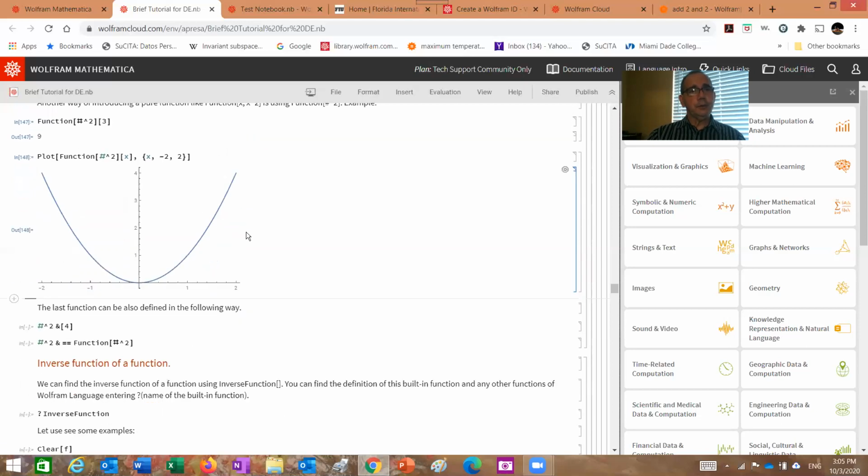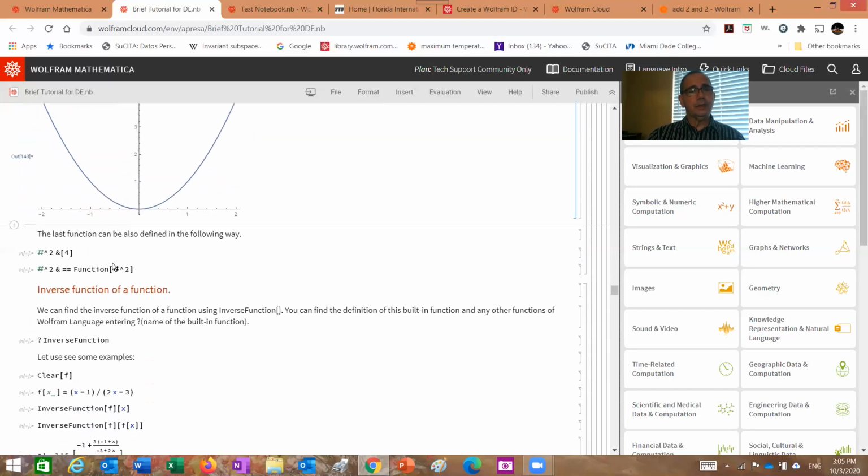Okay, but that function that is expressed using the number symbol, or the pound symbol, can be expressed in an even shorter way by putting the number symbol raised to the second and this symbol, and then when you evaluate this at 4, you get 4 to the second.